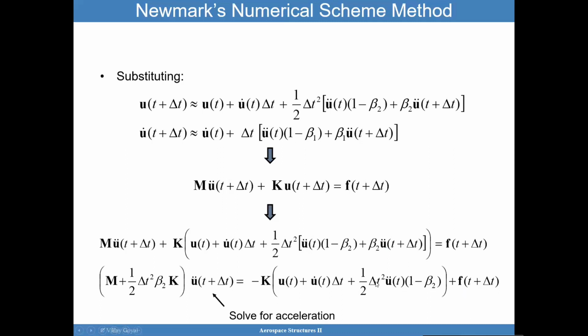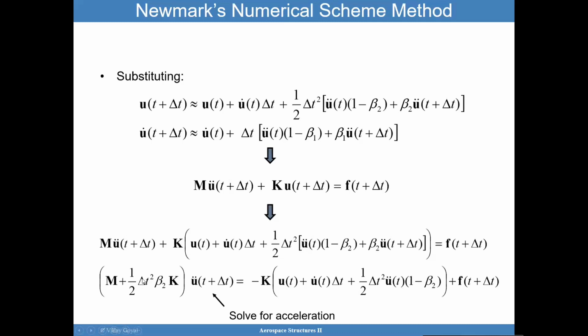So if I know the acceleration, the velocity, and the deflection at the present time, and I know the driving force in the future, I should be able to tell you what the acceleration is, because I know the stiffness, I know the mass matrix.